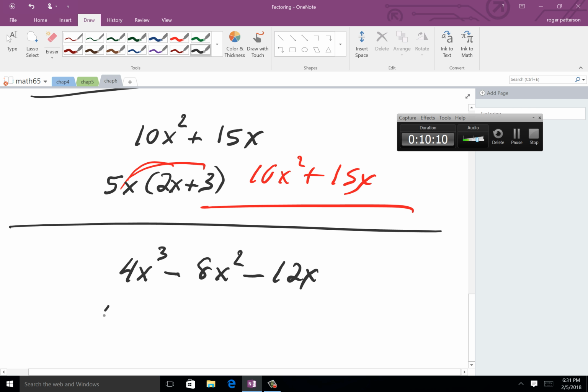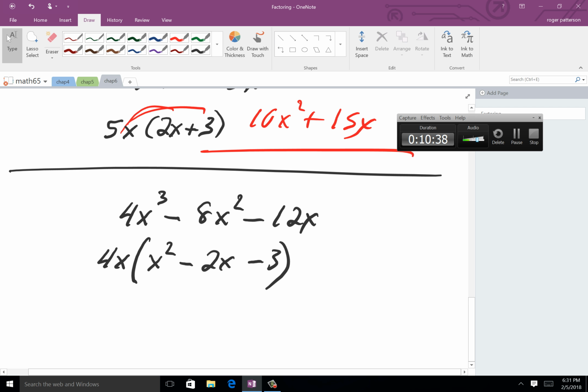X goes into those guys. We're going to take a 4x out. What are we left with? X squared minus 2x minus 3. Yep. If I distribute this back in, that's what I'm going to get. Taking something out.